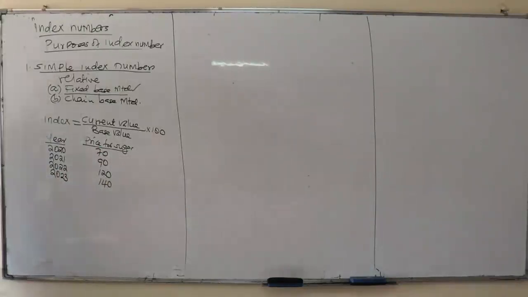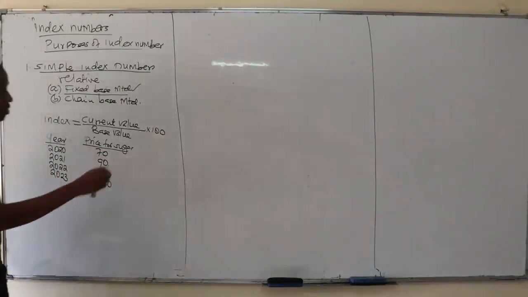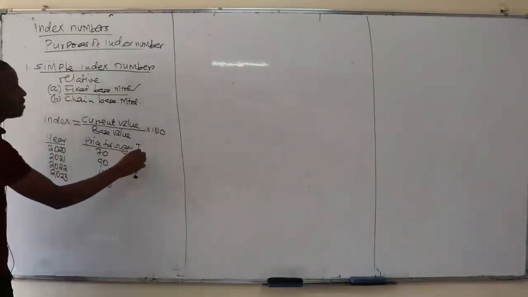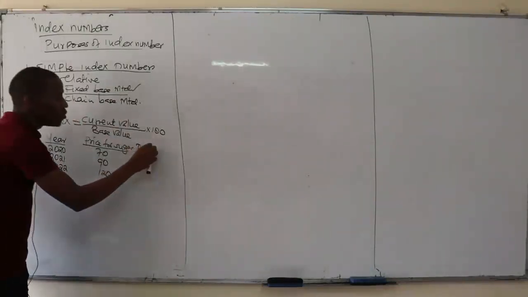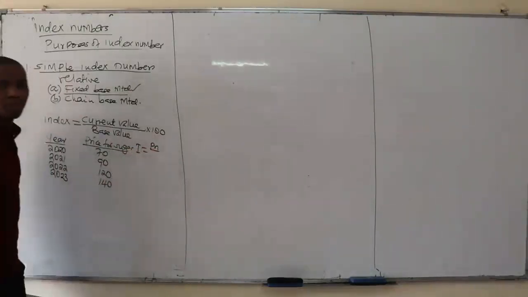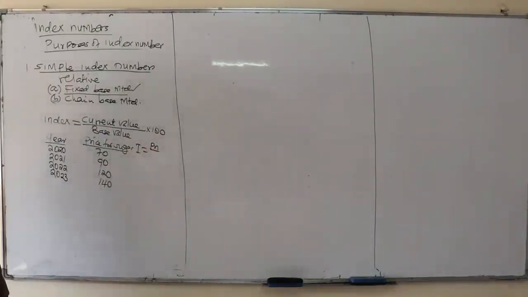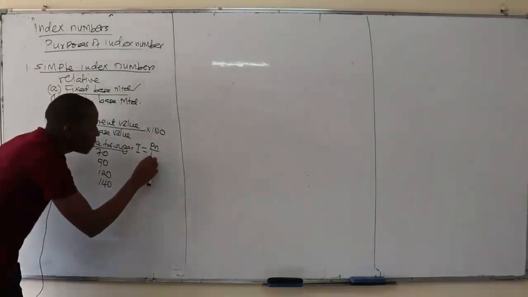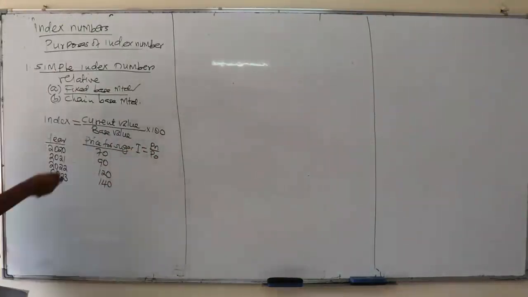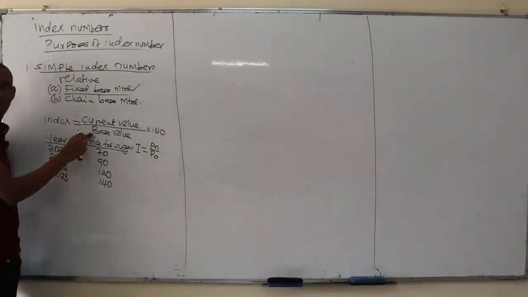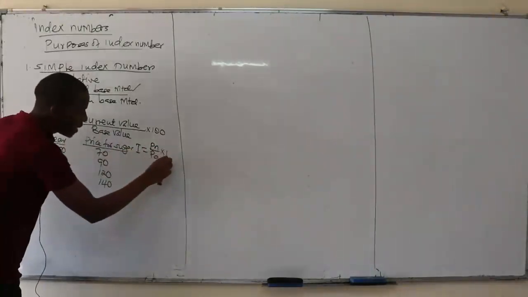So in that case, we're computing the index number. To get the index number, it is the current value, which is normally represented by Pn, divided by P0, which represents the base value, and then you multiply by 100.